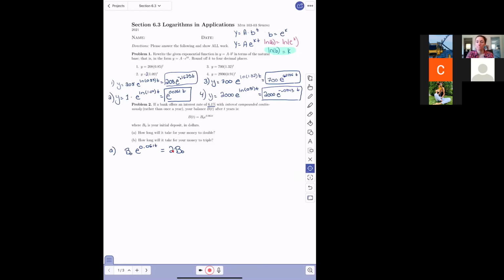Does that make sense? Yes. Okay. So your first step here, if you divide both sides by B0, those divide out to 1. So you're left with e to the power of 0.061 t is equal to 2. How can I solve this for t?